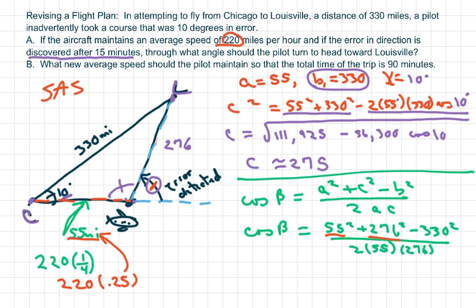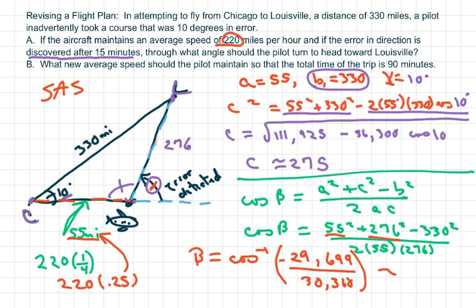Then we're going to do the inverse cosine to find our angle. Put this in the calculator, and you should get negative 29,699 over 30,360.